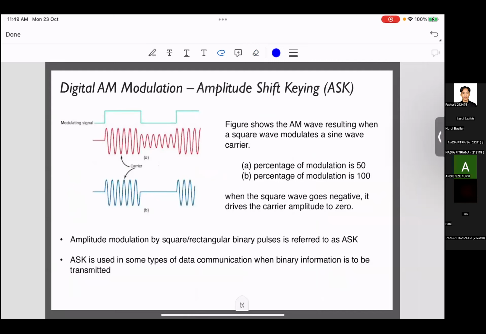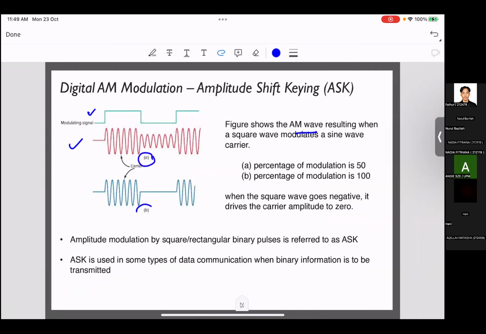So this is our modulating signal. It looks like a rectangular wave or a square wave. The figure shows the AM wave resulting when a square wave modulates a sine wave carrier. So this is our modulating signal, and this is what happens when the carrier is modulated. Now, there are two instances here that we need to take note of.